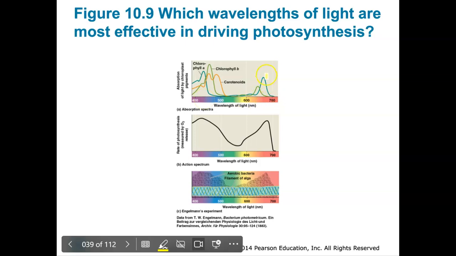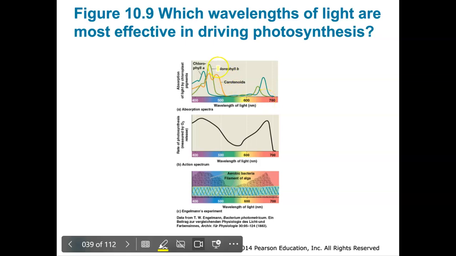And then it also absorbs best at around 680 nanometers of light. So it absorbs best in the indigo region, like bluish purple region, and in the red-orange region.